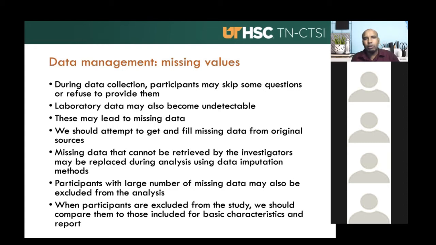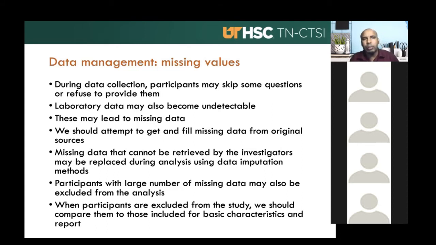Laboratory data may also become undetectable and may be left empty, and this might lead to missing data. So we should attempt to get and fill the missing data from original sources before we transfer the data and store them. Missing data that cannot be retrieved by the investigators may be replaced during analysis using data imputation methods.